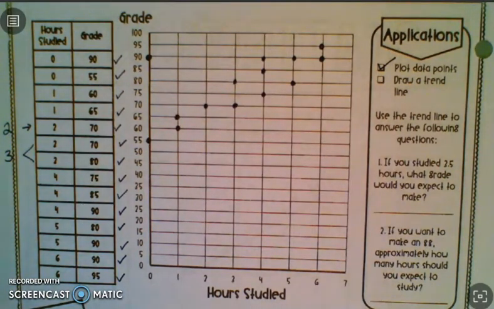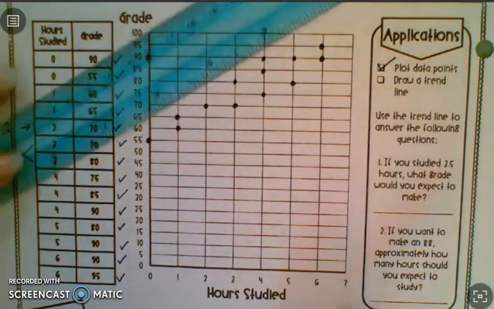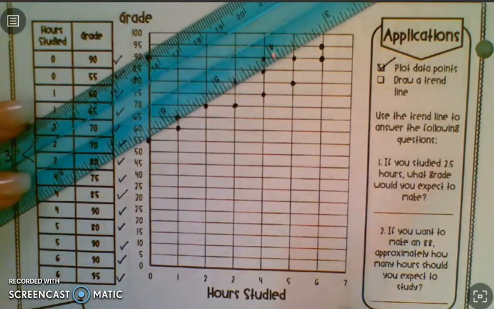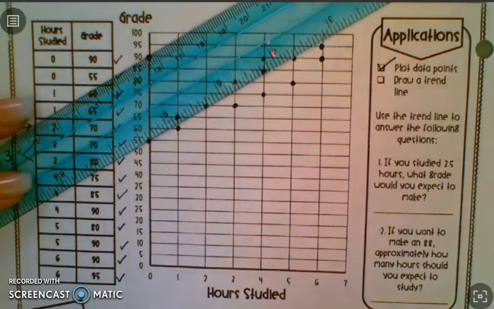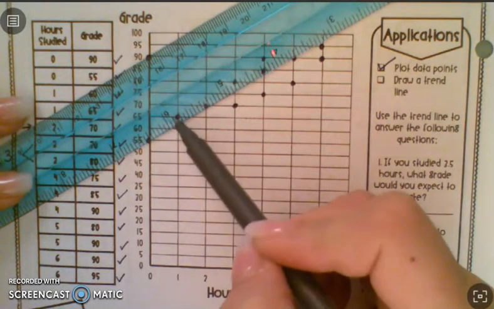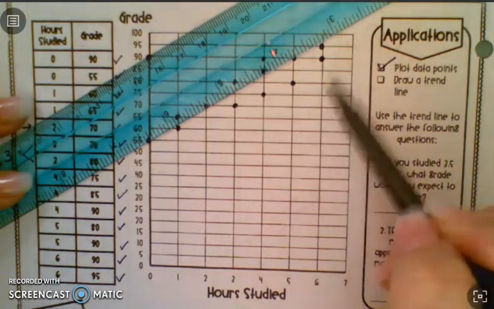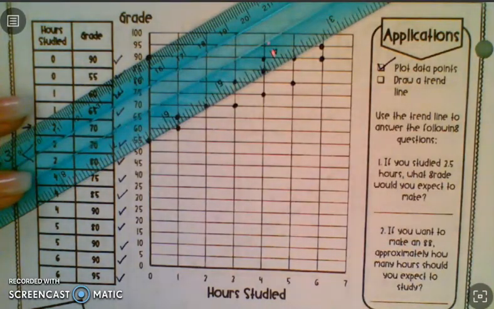So the next thing we need to do is connect our dots and make sure that our line goes through on both sides. So let's see, if I were to draw this line, I'd have 1, 2, 4, 1, 2, 3, 4. Okay, so I'm going to draw it right about here.